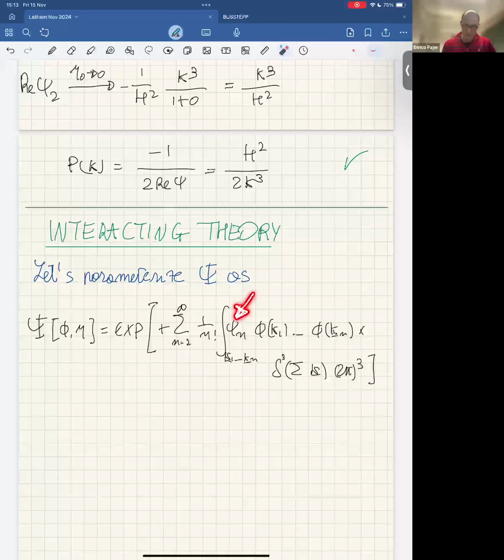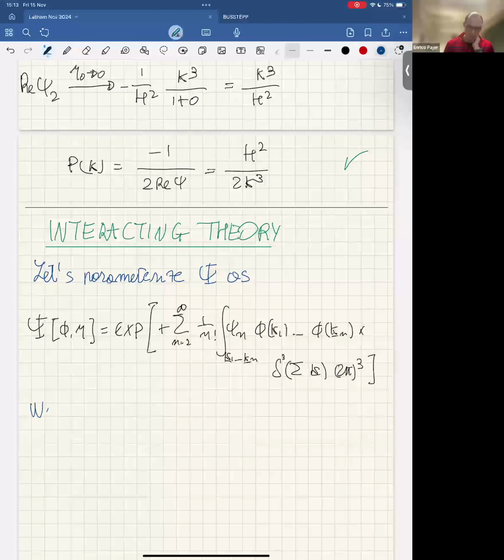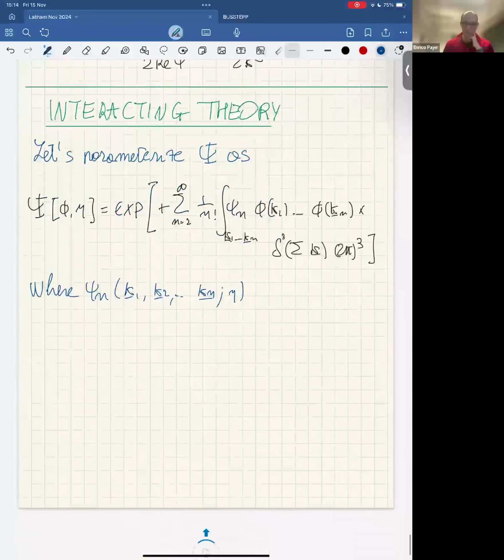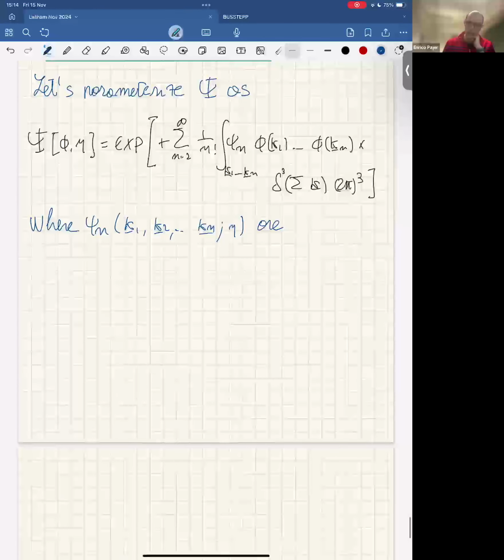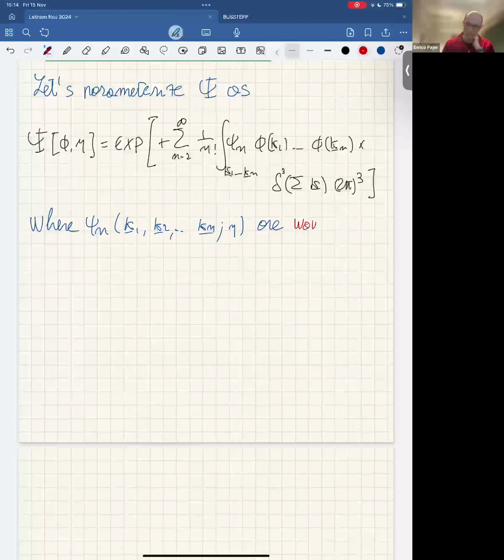Of course, I don't know what these psi n coefficients are. So those are the ones that I will want to compute for any given theory. These psi n coefficients, in principle, depend on the momenta, k1, k2, through kn, and also they can depend on time. That's where the time dependence of the wave function is hiding, and they are called wave function coefficients.